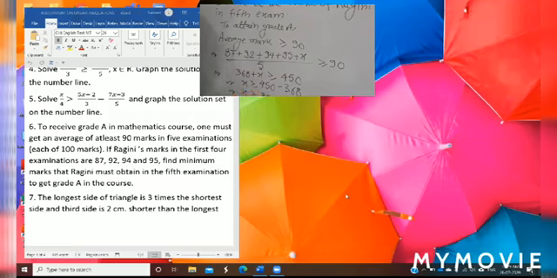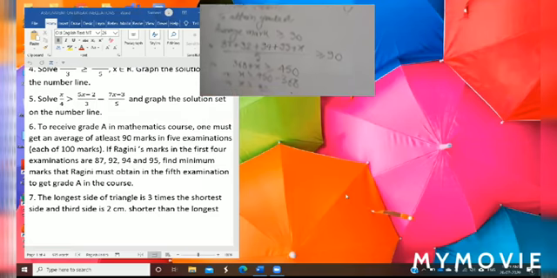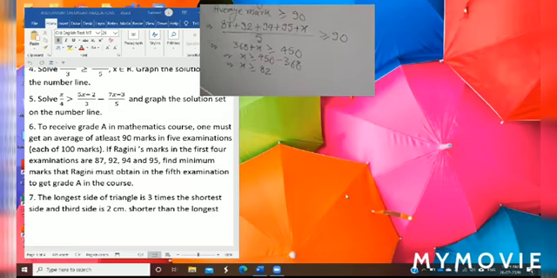X is greater or equal to 82, sir. Yeah, x is greater or equal to 82. So in this way, here you have the answer. If your value of x is greater or equal to 82, so what is its minimum marks? So your final answer is 82. So 82 is minimum marks of Ragini.